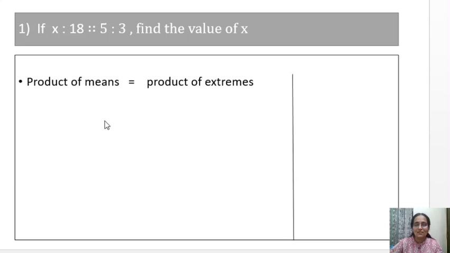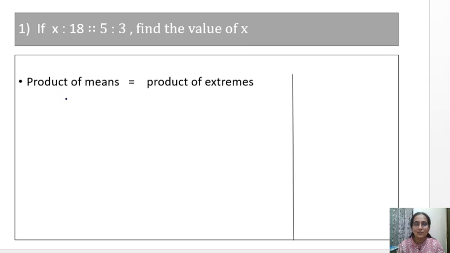Let us read the first question. If x is to 8, these 4 dots are used to represent the proportion. 3x is to 18 is proportion with 5 is to 3. Find the value of x. Here we know the property.